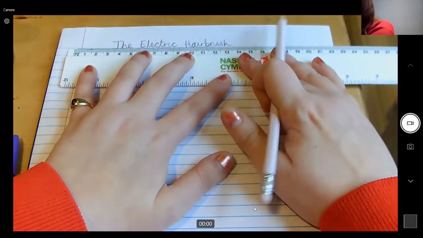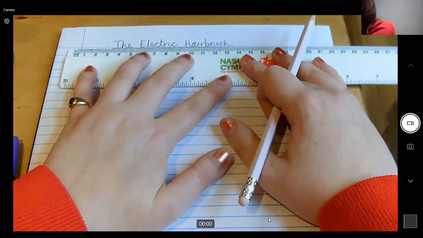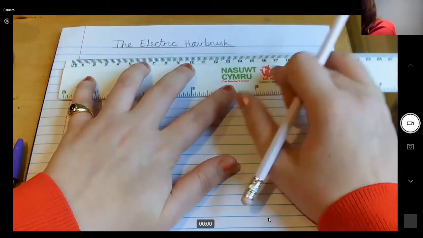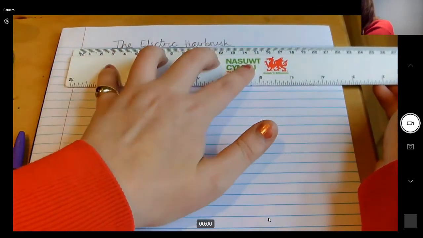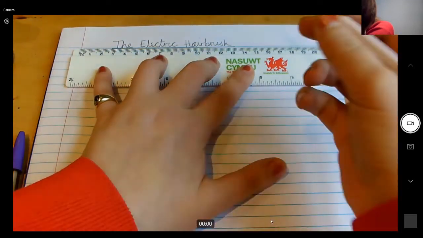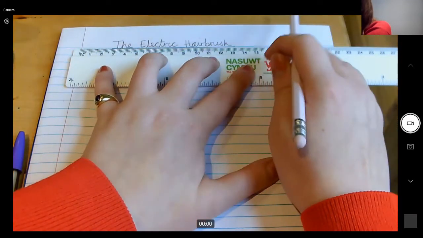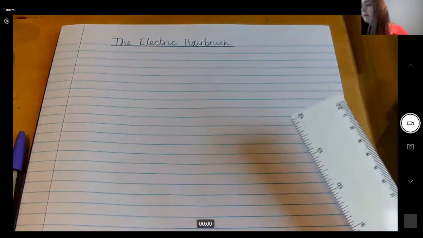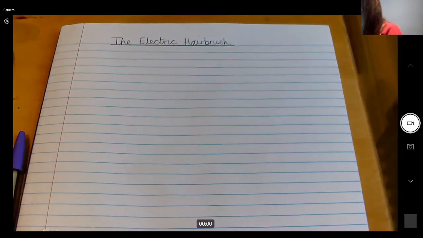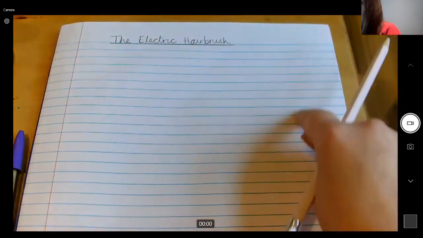You should have a ruler in your pack. If not, then you can use the hard edge of something else. When you underline, make sure that you have got it in the right place and that you have placed out your fingers across the ruler to keep it in place, and then you draw your line. Now, if you remember in our text map, it also has a picture, and the picture is around here.